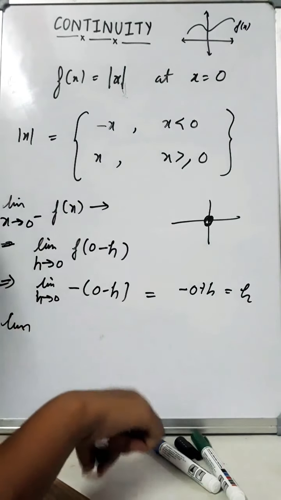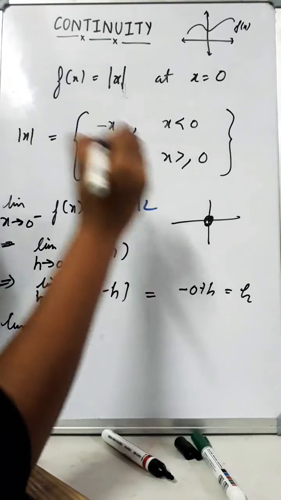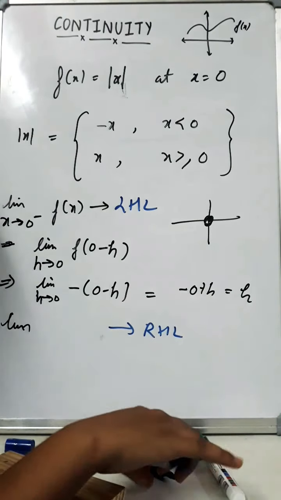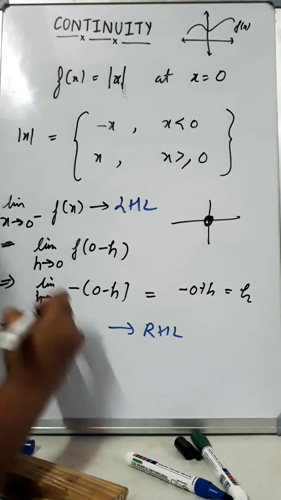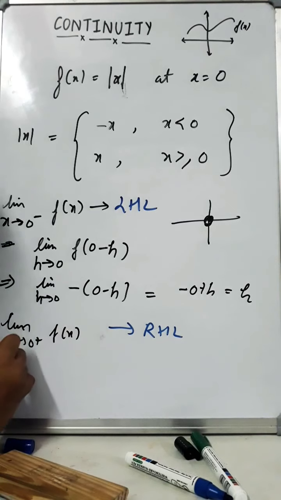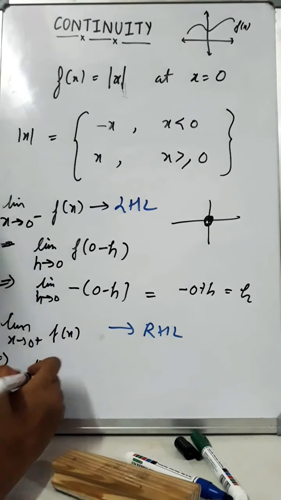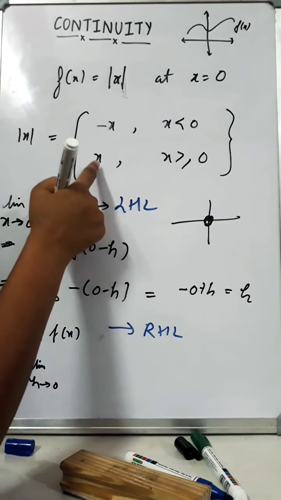This is your left hand limit, okay? Now we are going to find your right hand limit. You see, limit x tends to 0 plus f(x) is what? Limit h tends to 0, and what is the value? x, right?